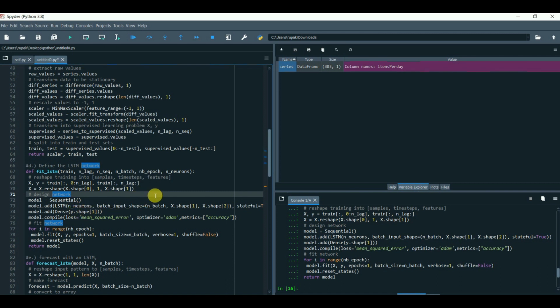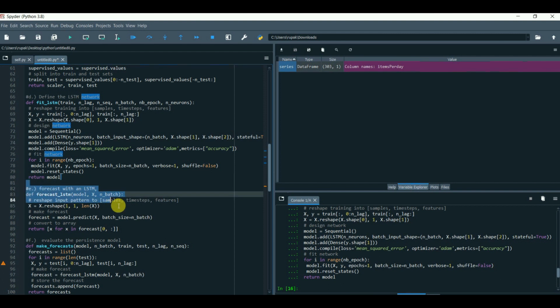And the number of neurons, also called memory units or blocks. Then we have the one output layer, dense. In compiling the network, we must specify a loss function and optimization algorithm to calculate the loss and the weight. This is just our regular LSTM stuff that we have learned from our previous chapter.